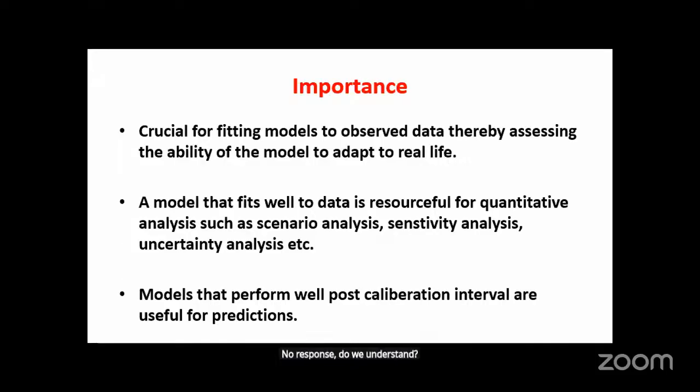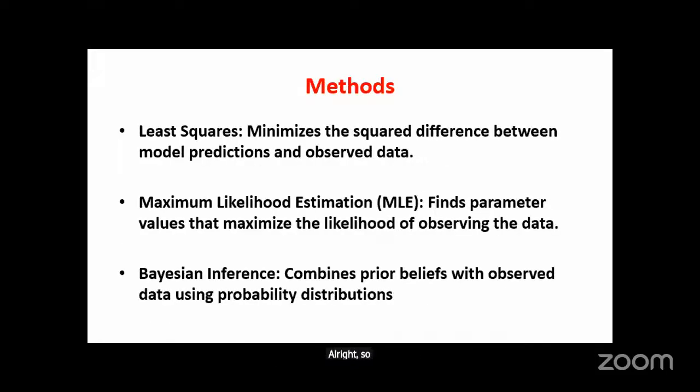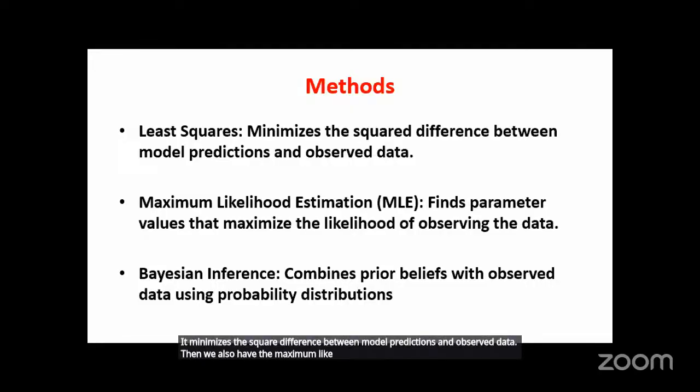All right, so some of the methods of parameter estimation: we have the least squares, which we'll be looking at this morning. It minimizes the squared difference between model predictions and observed data. Then we also have the maximum likelihood estimation method.